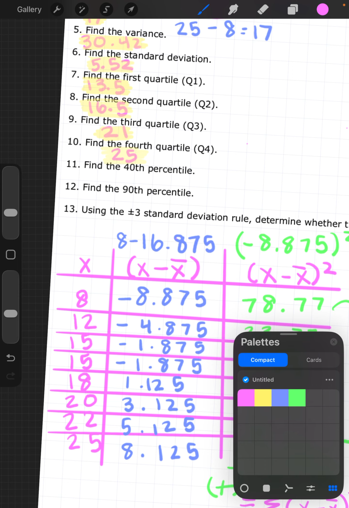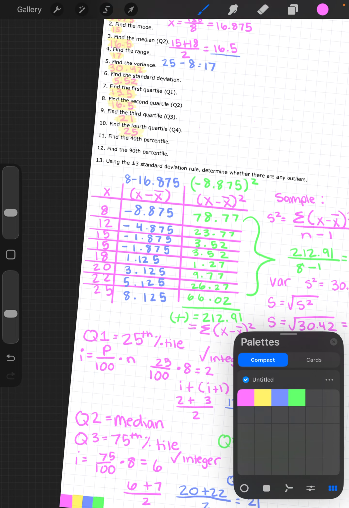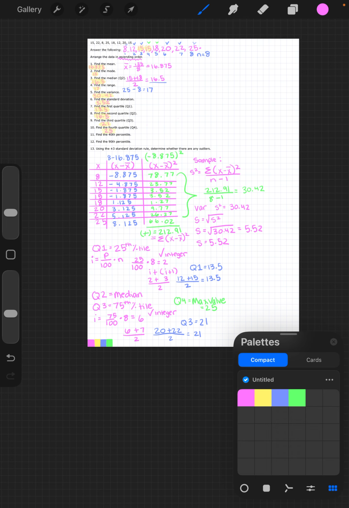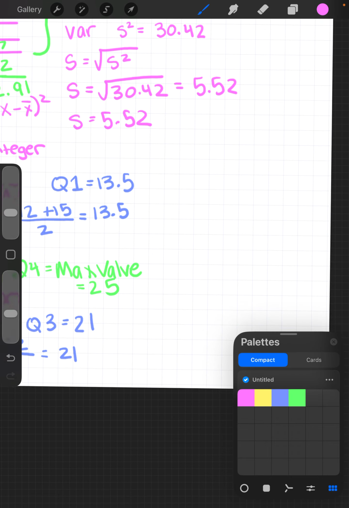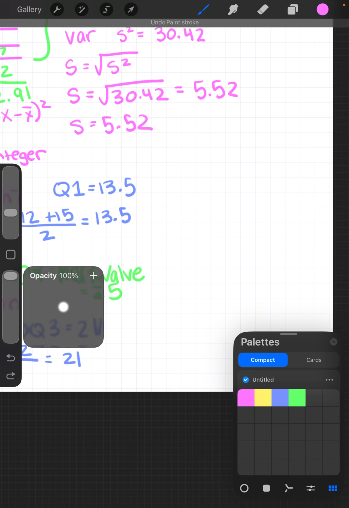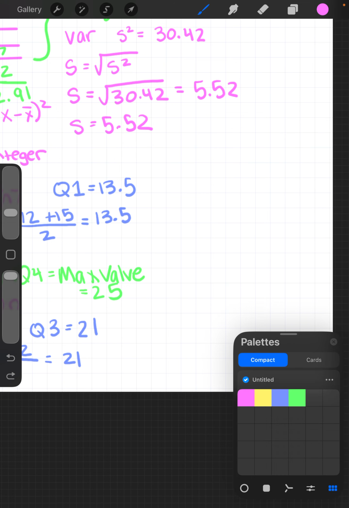Okay, now we're going to do percentiles. And yeah, I should have room right here. It says 40. Okay, we have 40 and 90. So let's do 40 first. It's going to be 40 divided by 100 times 8, which is equal to 3.2.